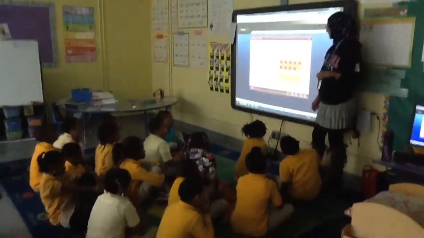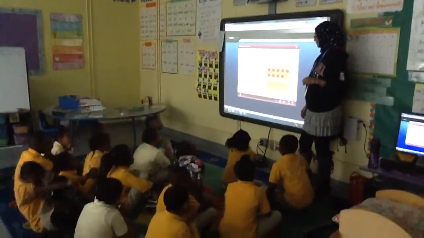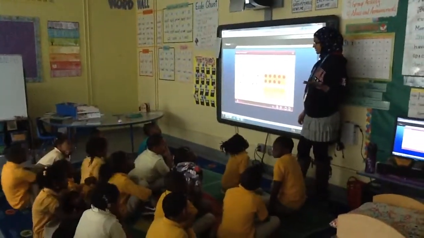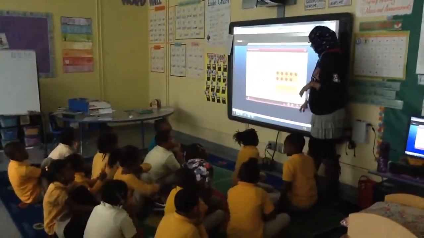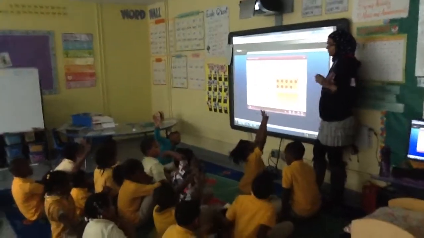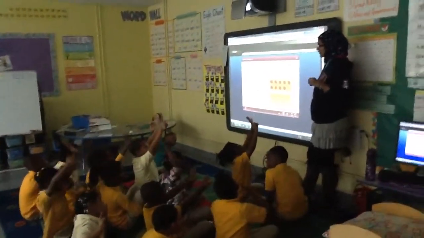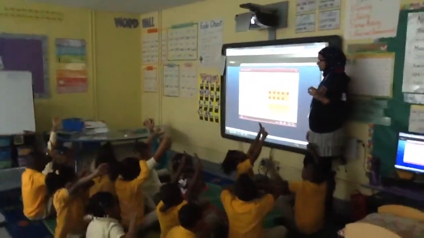One answer is there are still the same number of counters altogether, no matter how the counters are arranged. See? So no matter how we arrange them, we still have the same amount of counters. How many counters do we have altogether? You just solved this. How many counters do we have?